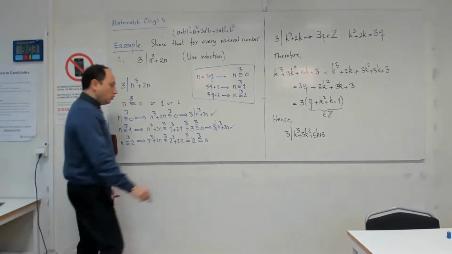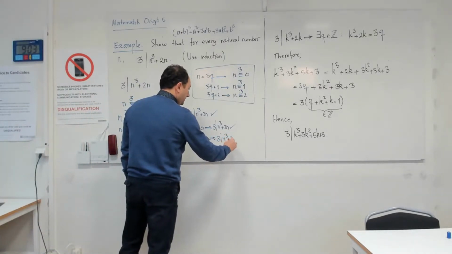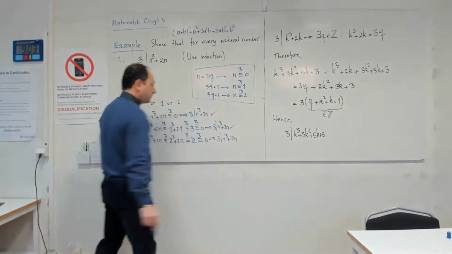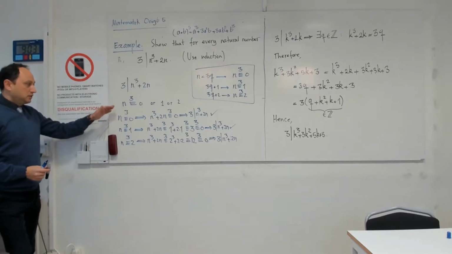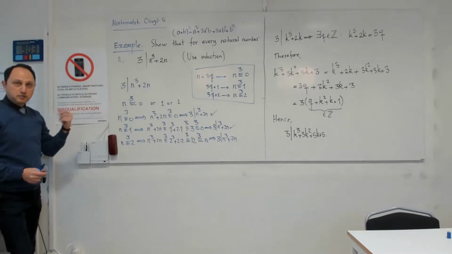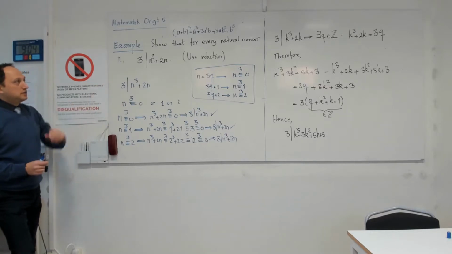So it means that in all possible cases, I confirm that this expression is divisible by 3. So this is a method that you can use to prove this statement without mathematical induction, based on modular arithmetic. And that was the proof using induction, yes?